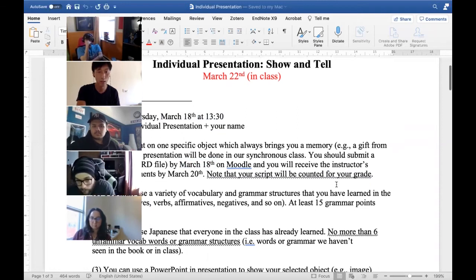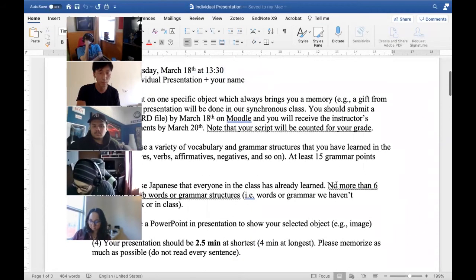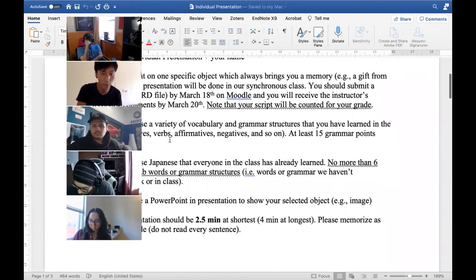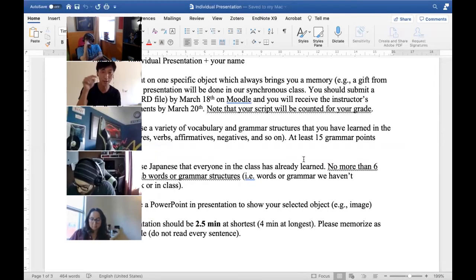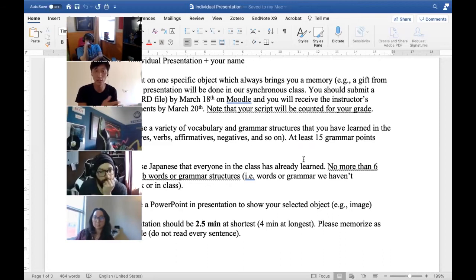So this is the first point. You must use a variety of vocabulary and grammar structures that you have learned in this course, and also in the class you took before, like lessons 1 to 6, maybe Hizawa Sensei or Patrick Sensei. You can use that vocabulary as well.